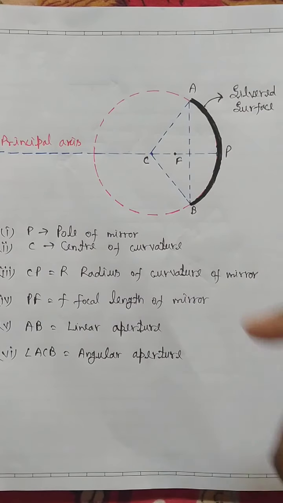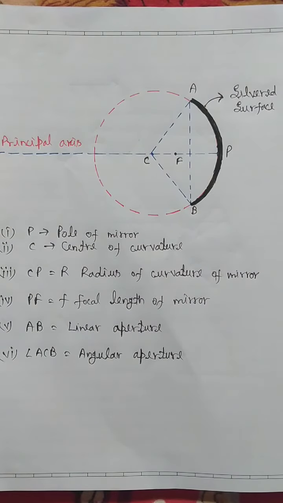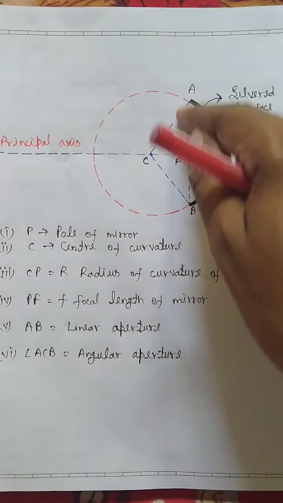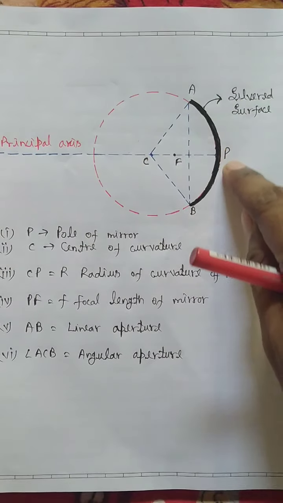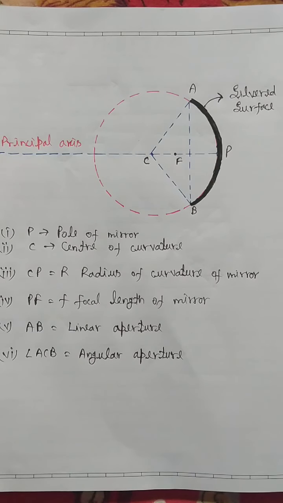That means, consider a hollow glass sphere being cut by a plane. The section APB cut by this plane AB is called the spherical surface. And if either side of this surface is silvered, we get a spherical mirror.